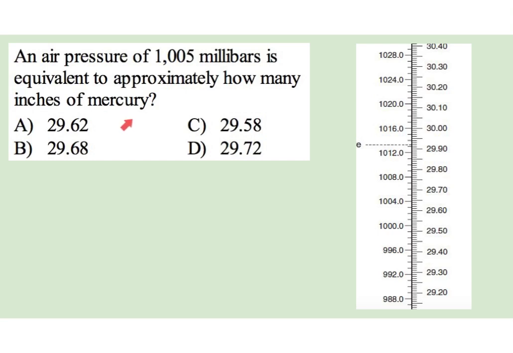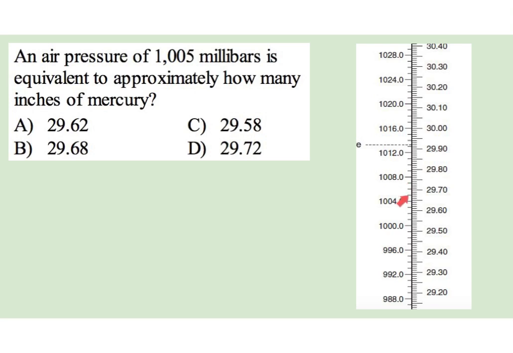So this question says, an air pressure of 1005 millibars is equal to how many inches of mercury? So 1005 millibars, if I come over here, this left-hand side is my millibar side. Here's 1000, 1004, 1008. So if this is 1004, right here is 1005, 6, 7.